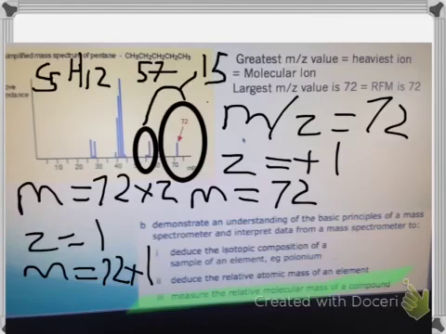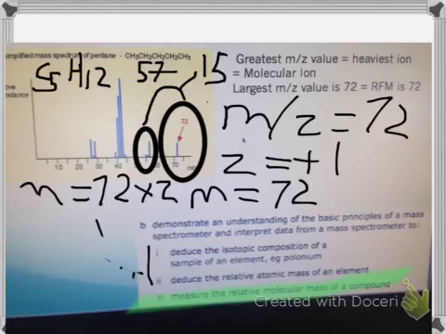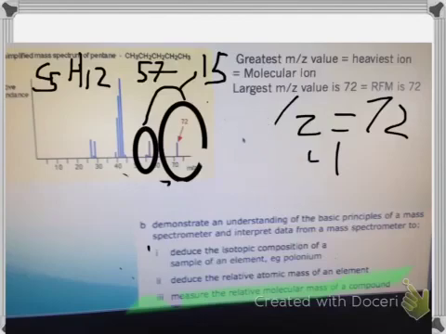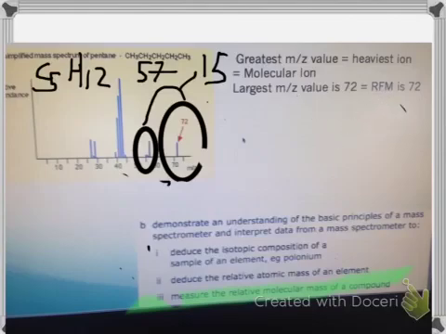Okay, so I've started off with a mass to charge ratio of 72, and I've lost 15, so I can then work out what has been fragmented off, and therefore what I have left. This can help me with the identity of the compound, and it will help me as well when we look at spectroscopy in more detail in Unit 2.